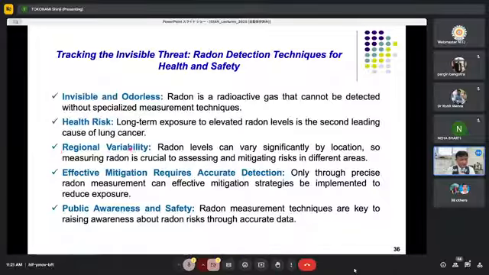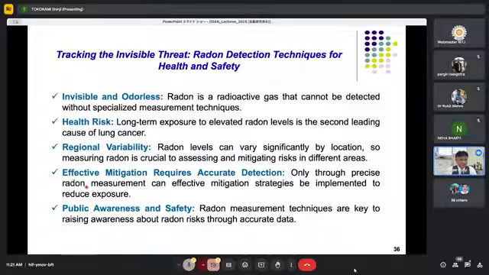Regional variability. Radon levels can vary significantly by location, so measuring radon is crucial to assessing and mitigating risks in different areas. Effective mitigation requires accurate detection.